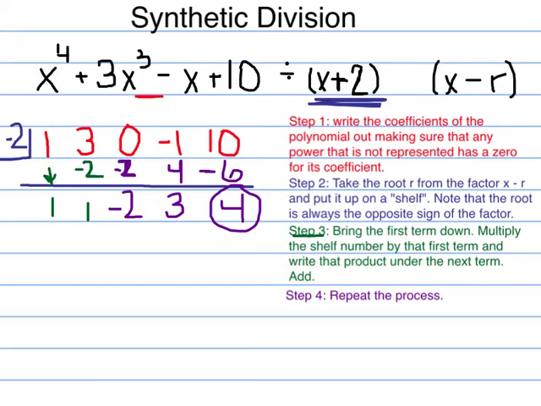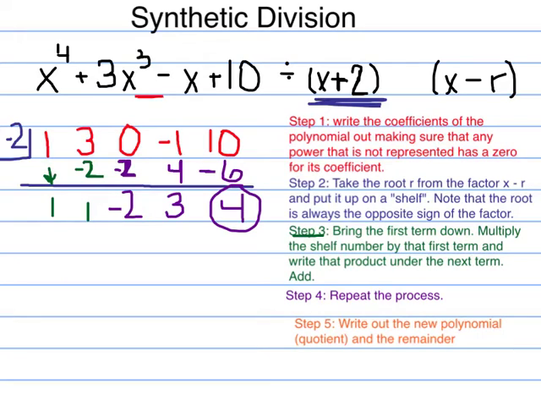Alright, so now what we've done here is we've started out as x to the 4th and we've divided an x out. So if my polynomial started at x to the 4th, my new division here will be x to the 3rd. So step 5 is going to be to write out the new polynomial, which is our quotient, and the remainder.